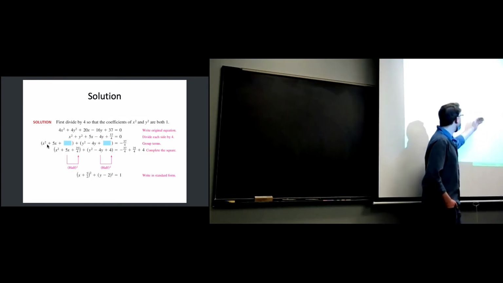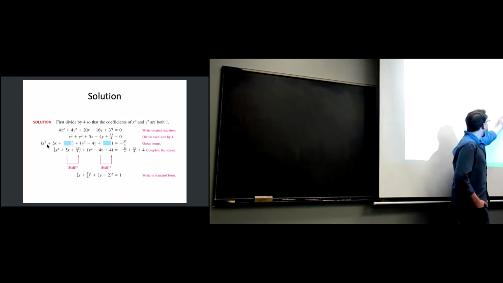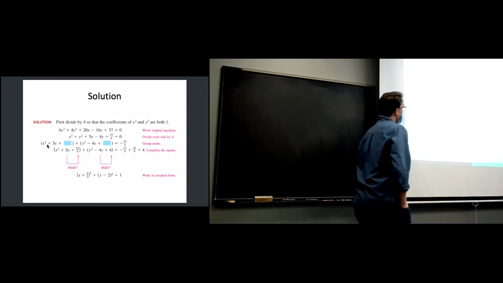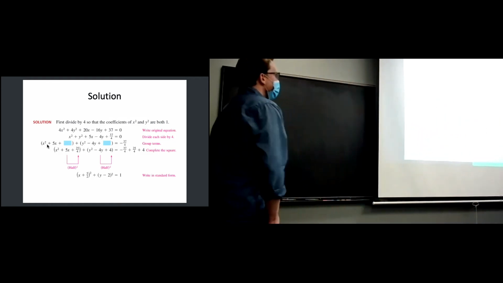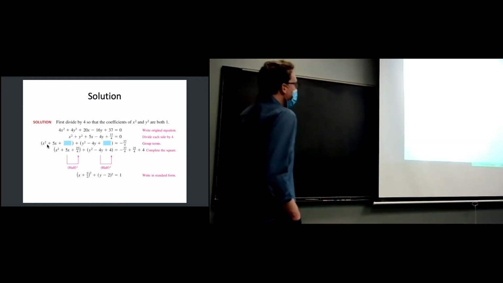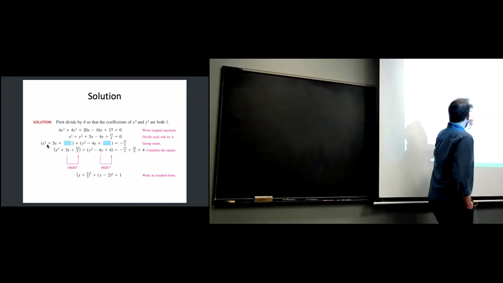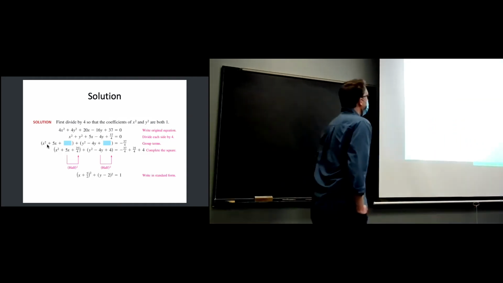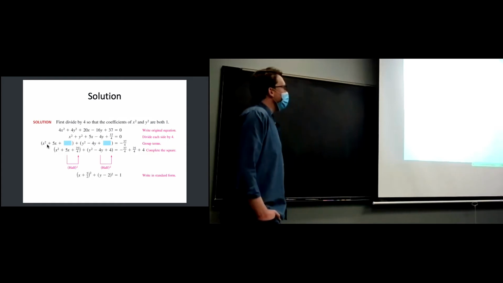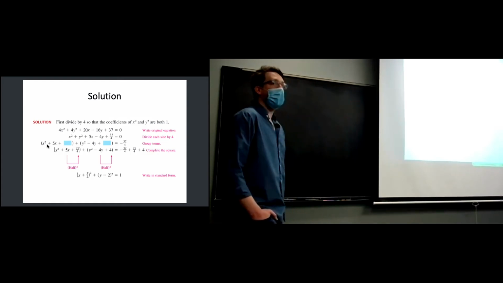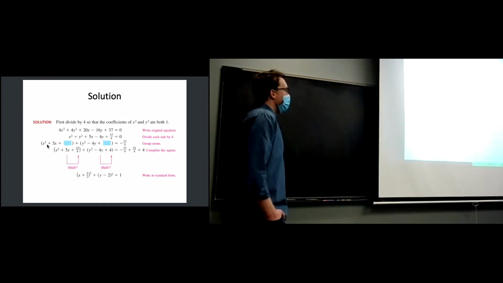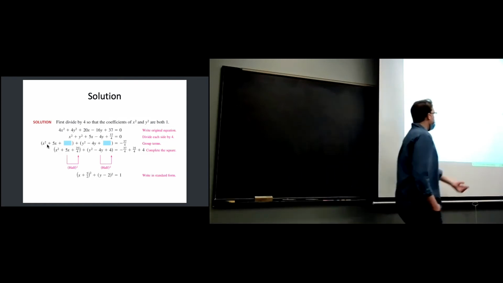I need to add 4 to the left side, so I need to add 4 to the right side. From there, you want to simplify those two groups of terms, and then you want to simplify the right side as well.